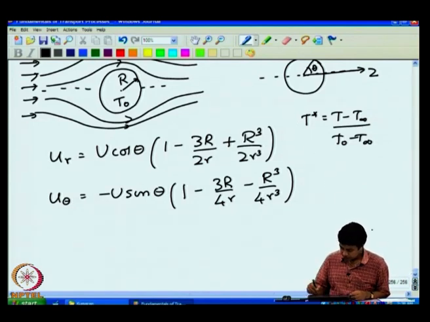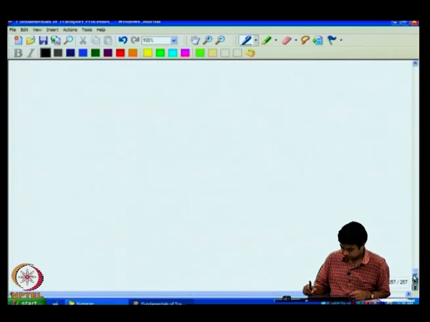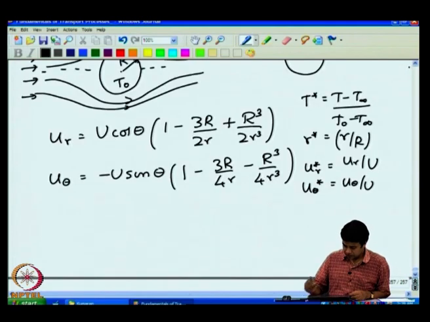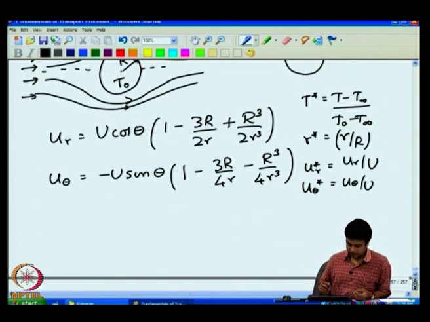And I will define the scaled radius as r by capital R, and u star. So, scaling by the obvious scales, the velocity scale is U, the radial distance is capital R, and T is scaled as (T minus T infinity) by (T naught minus T infinity).